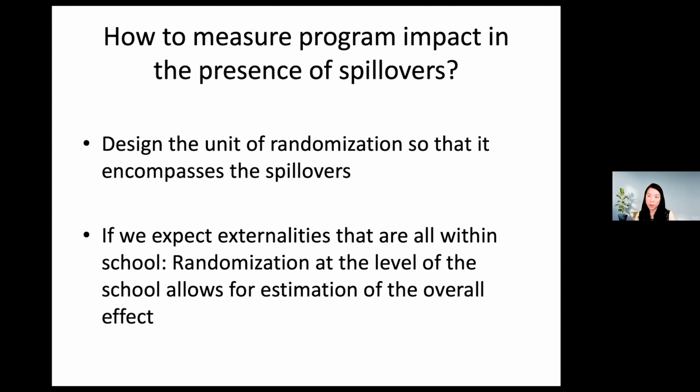So for example, in the eyeglasses example, instead of running the randomization at the individual level, we can do it at the school level. So the assumption behind this is students from school A have very limited interaction with students from school B. So in this way, we can control the spillover effect.